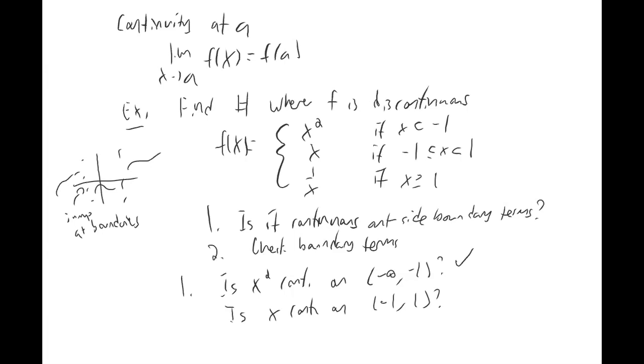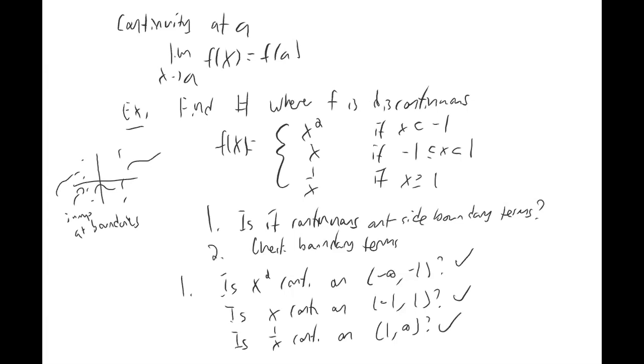Yes, it's still a polynomial. Now is 1 over x continuous outside the boundary, on 1 to infinity? It's not continuous at 0, but we don't care, since it's only defined when x is bigger than or equal to 1. So even though 0 is a problem, it's not an issue in this case. There are no issues here.